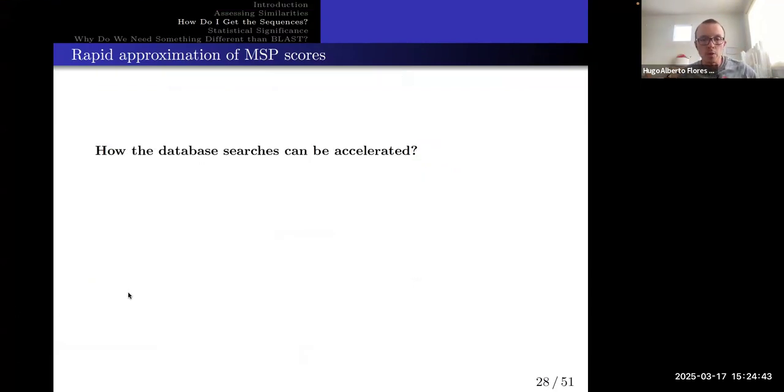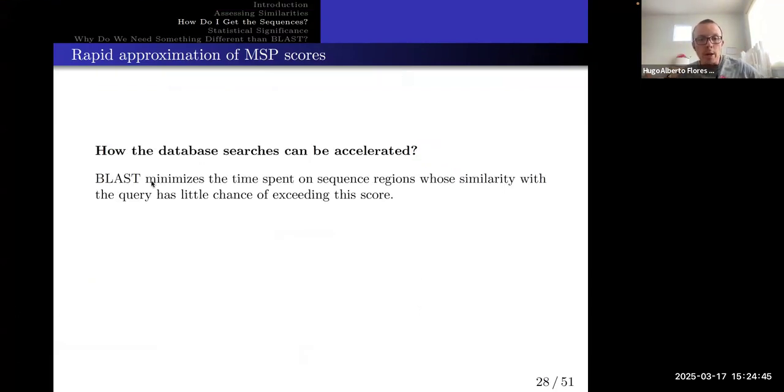Okay. So the idea is BLAST tries to minimize the time spent on sequence regions whose similarity with the query has little chance of exceeding some score. If you're getting a very low score, BLAST tries to discriminate some sequences based on that.